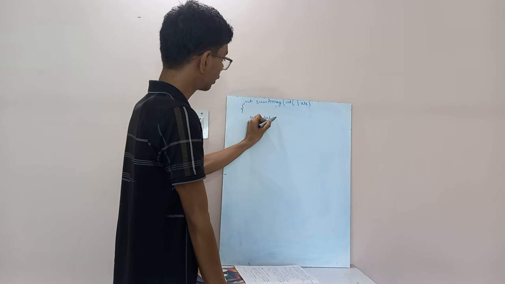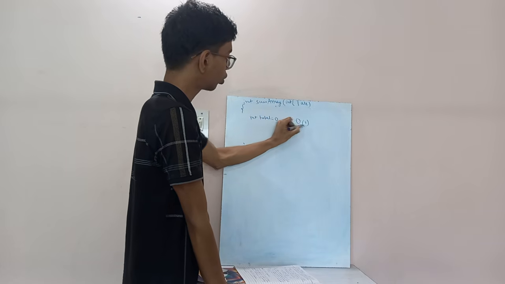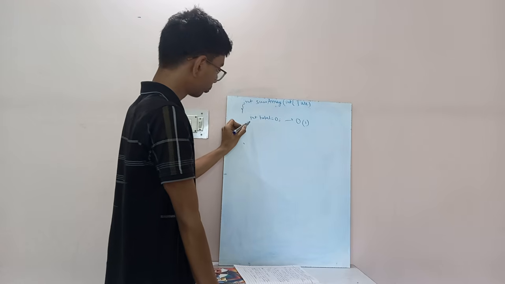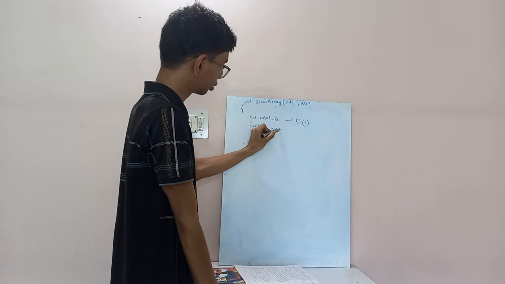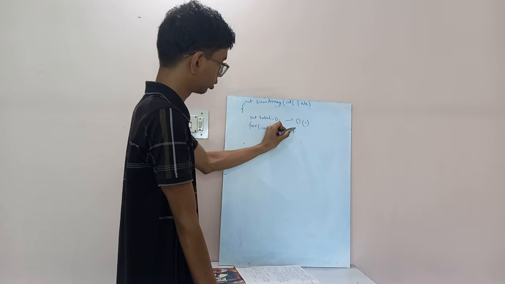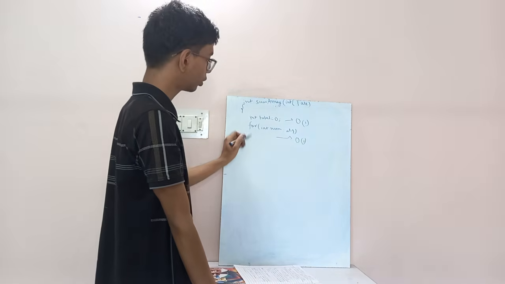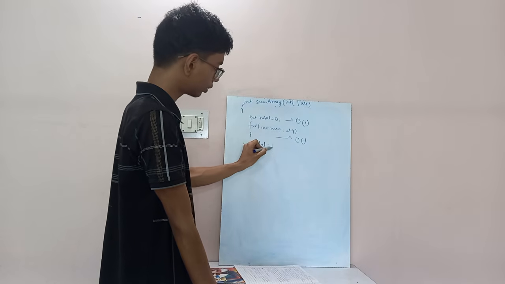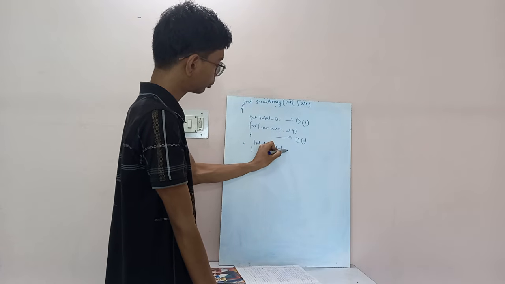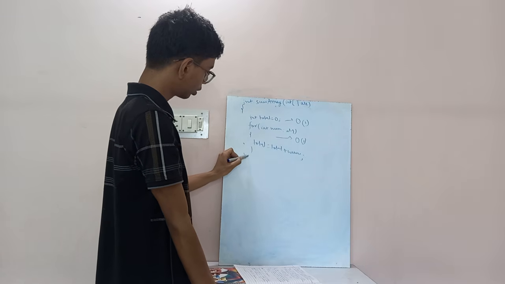I have declared the variable sum, which is 0. This will give order of complexity as 1. This will again give a complexity of order of 1. And I have to do the summation, right, summation of elements of the array.